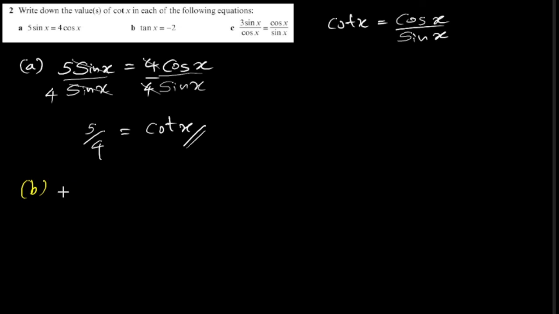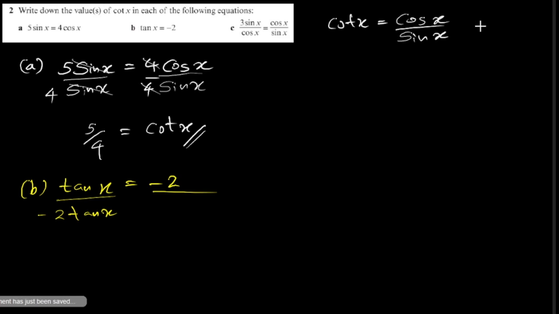Part B, tan x equals minus 2. Now you can divide both sides by tan x and minus 2. Let's see. I'm going to divide both sides by minus 2 tan x. You will understand why I did it. Because I know the same expression I can write as 1 over tan x. So my intention is to create 1 over tan x, so that I can then write it as cot x.